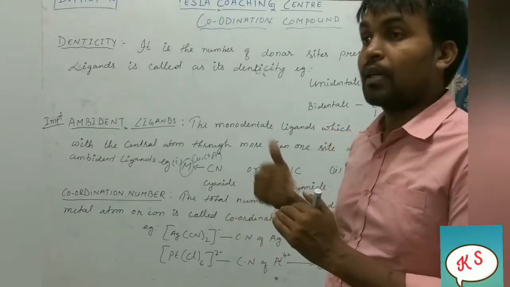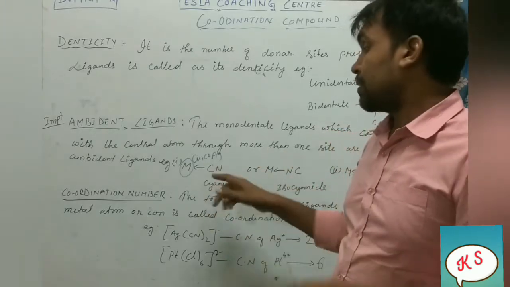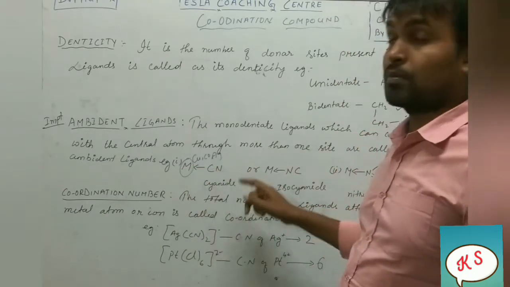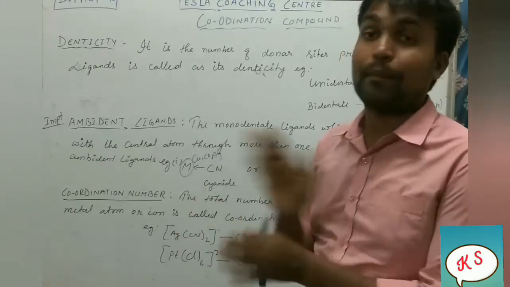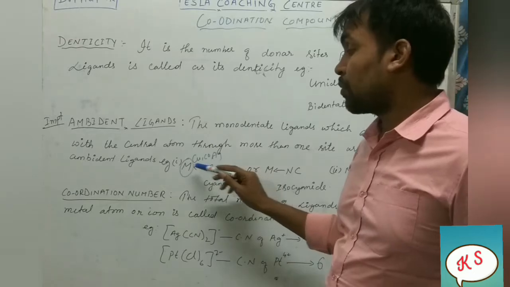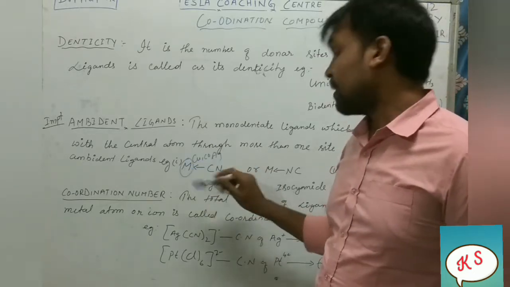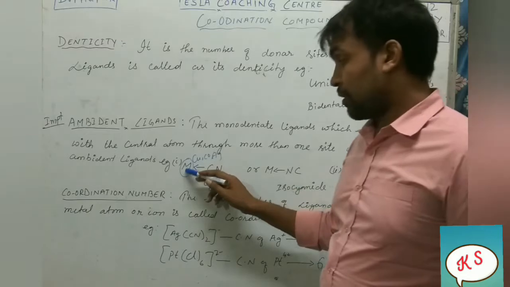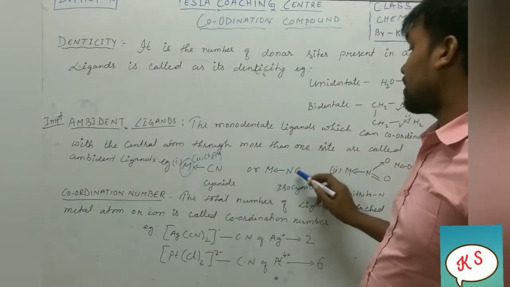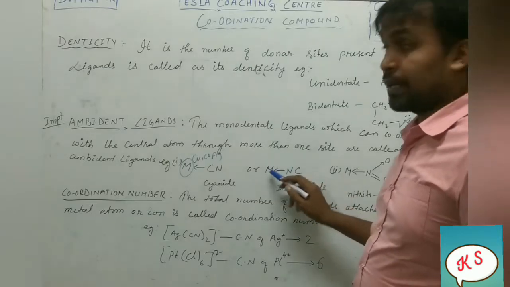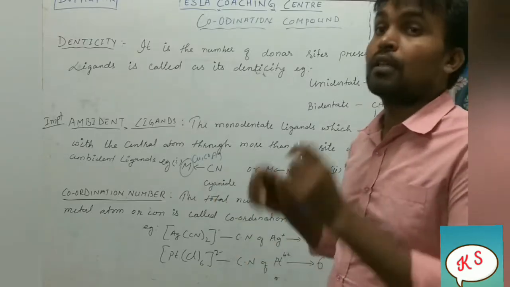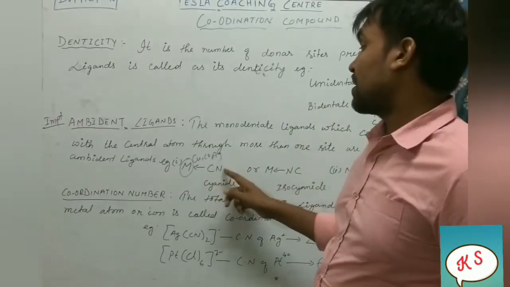It will be separate. Here the cyanide is forming a coordinate bond through C with the central metal atom, and here you can see the isocyanide is forming a bond through N.